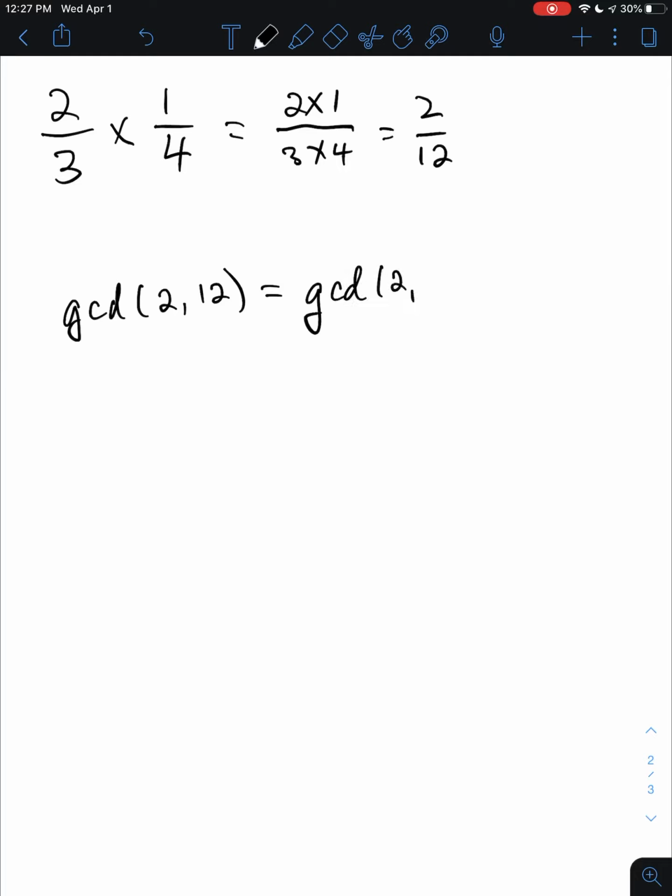The greatest common divisor will be 2. Easy. So I now divide by 2, and I'm going to get 1/6. That is a correct final answer to this fraction multiplication problem, 1/6.